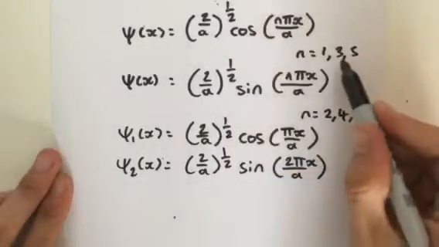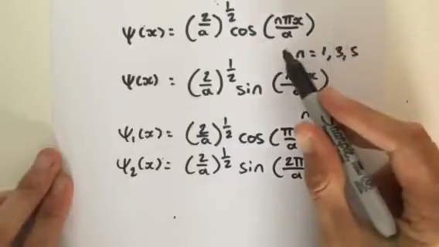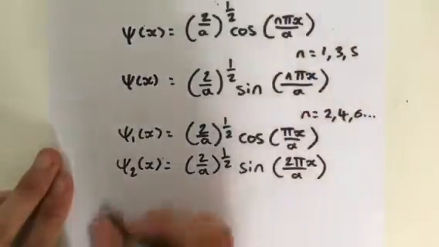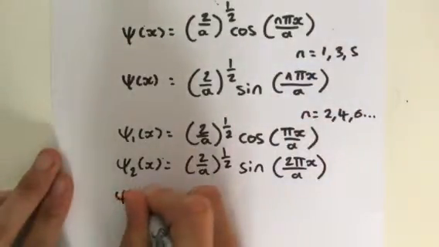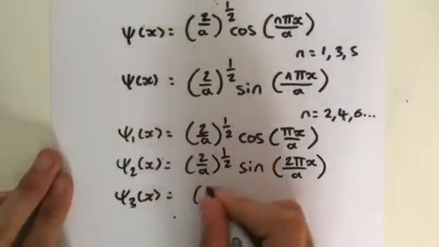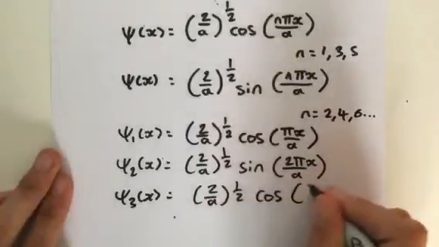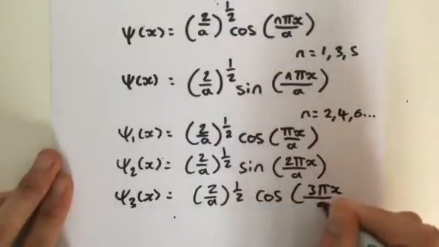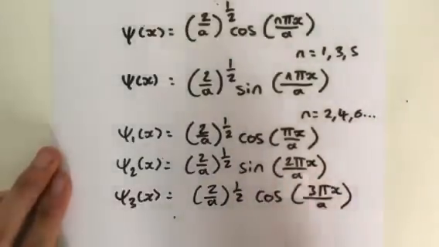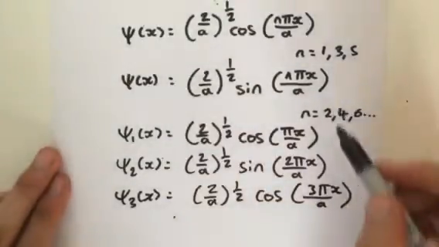Now we're going to look at n equal to 3. This is the cosine again, so it's just alternating cosines and sines. Psi 3 of x is equal to 2 over a to the power half of cosine 3 pi x over a. It carries on alternating for the quantum states.